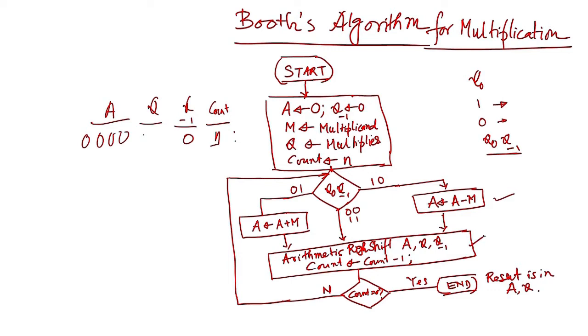Okay. Now, we will see one example. Let us say we want to perform the simplest multiplication, that is 7 into 3. Okay. So, let us start with simple multiplication.